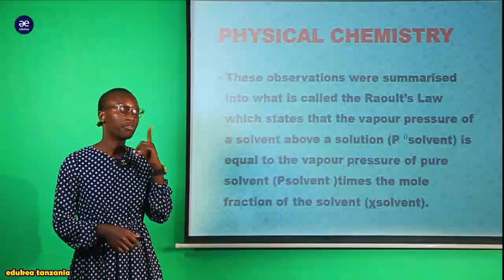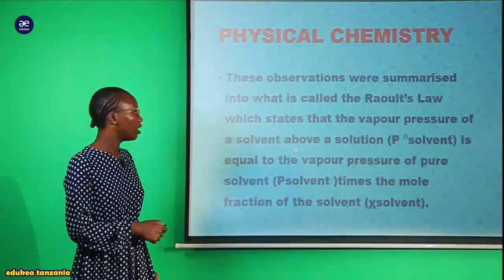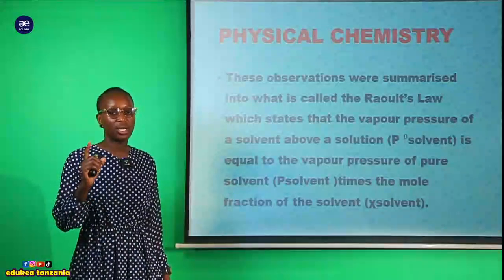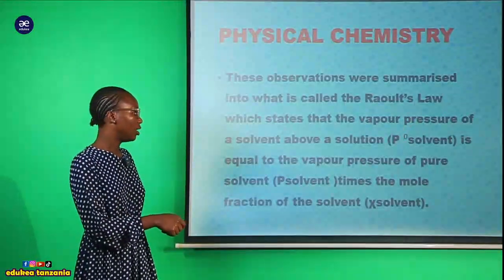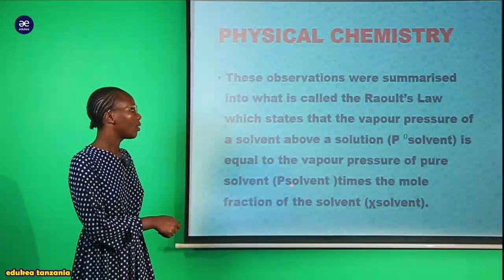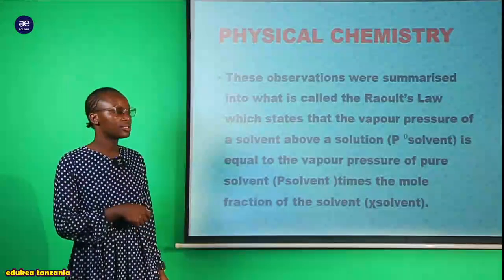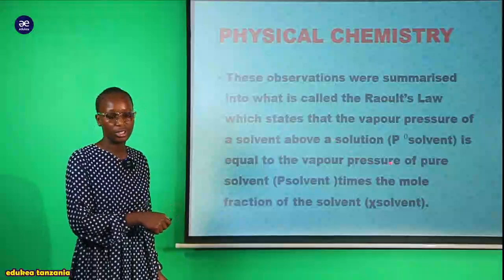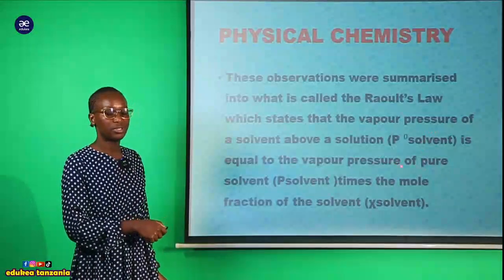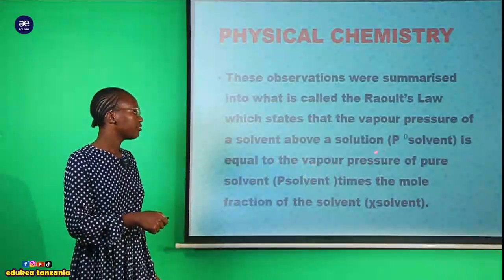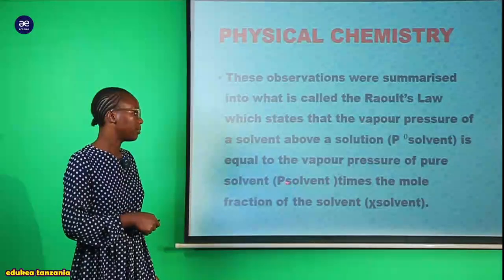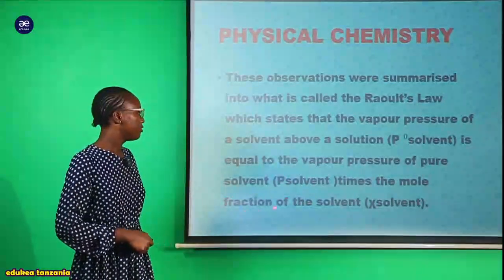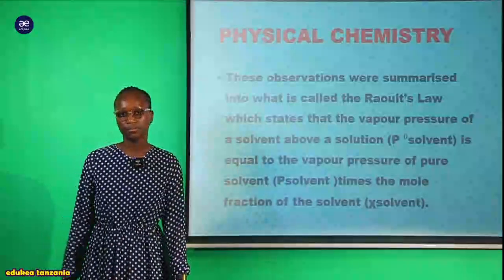Sorry, hapa utafanya conversion. Hii vapor pressure of the solvent haina hiki kidegree, lakini pure vapor pressure ndio ina kidegree. Kwa hiyo hiki kidegree utakitoa, utakiweka hapa. Kwamba alisema hii law inasema kwamba vapor pressure of a solvent above a solution, ina maana hapa ni P solvent, is equal to the vapor pressure of pure solvent ambayo ni P degree solvent times the mole fraction of the solvent.